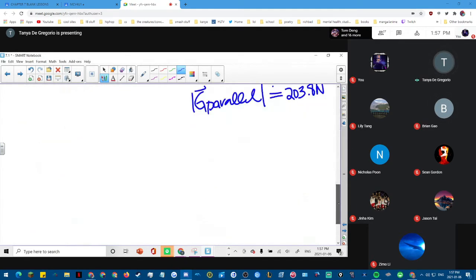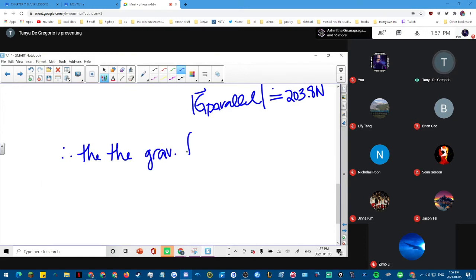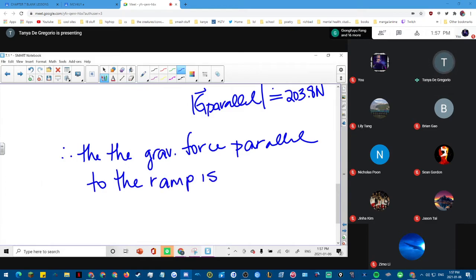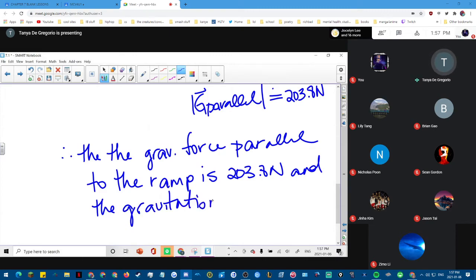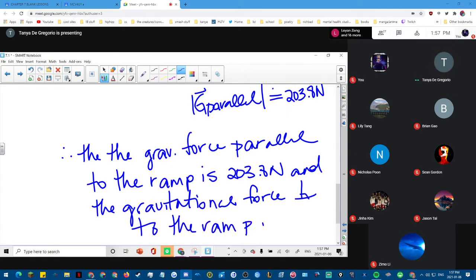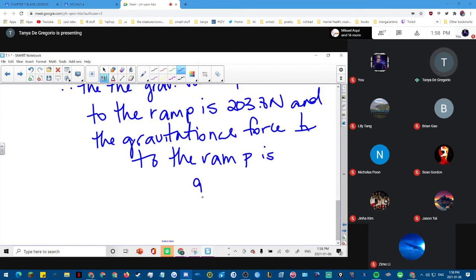Okay, so here, we need a statement, of course, and we say, therefore, the gravitational force parallel to the ramp and the gravitational force perpendicular to, sorry guys, I'm using my shorthand here, to the ramp is 958.6 newtons.